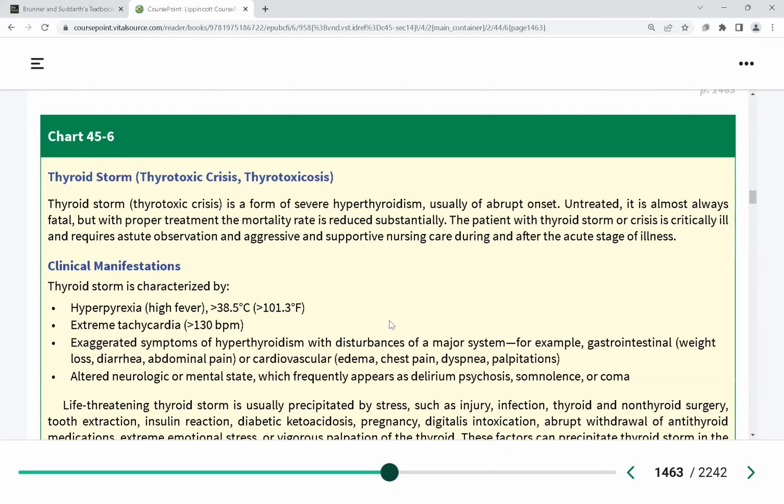So there's also an acute life-threatening condition in hyperthyroidism. We call that thyroid storm. Now we discussed the condition of the patient in myxedema. Let's look at what a hyperthyroid patient looks like when they go into thyroid storm.